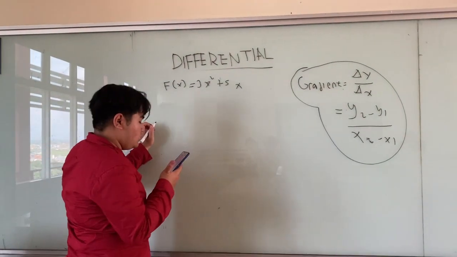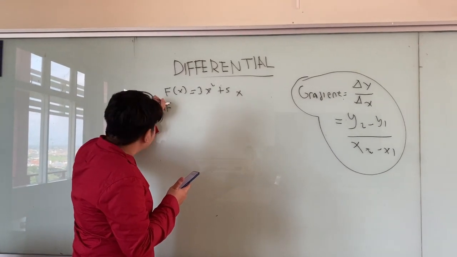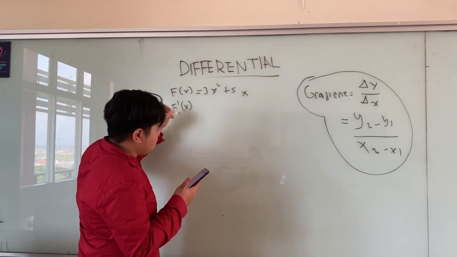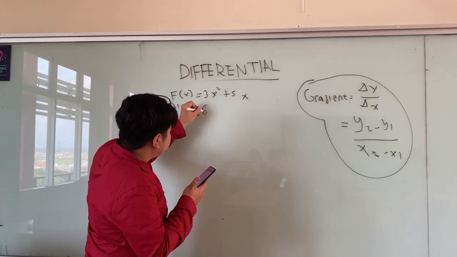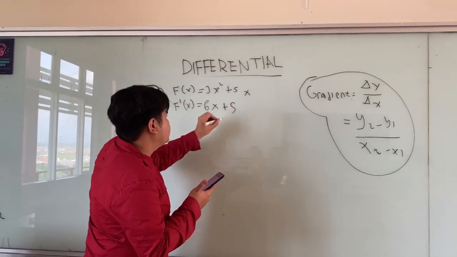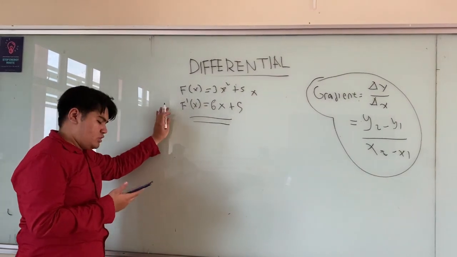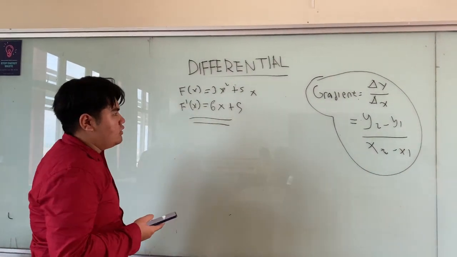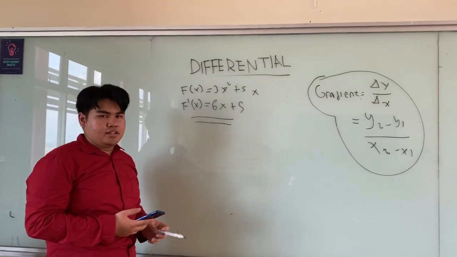So it will become f'(x) equal to 6x plus 5, like that. This is the application to derive it in a more simple way. So that is all from me for the differential explanation. Thank you.